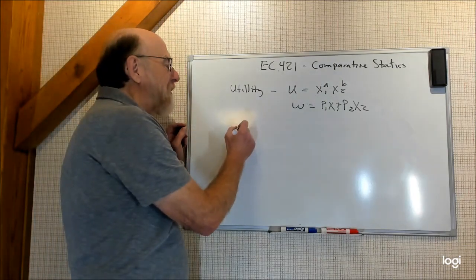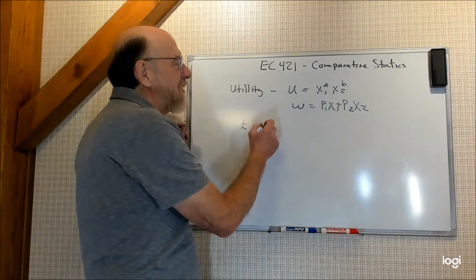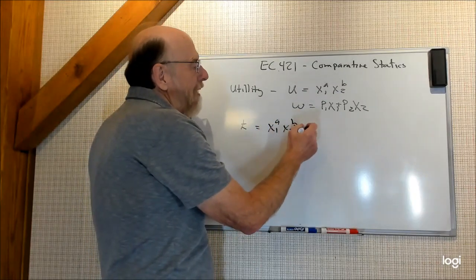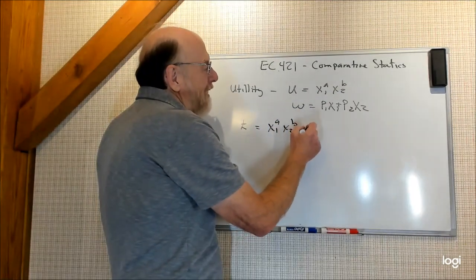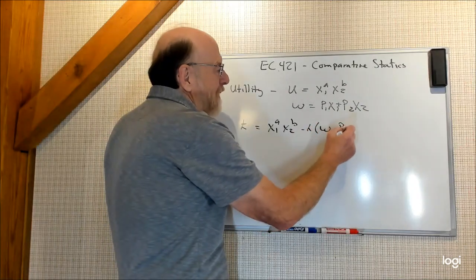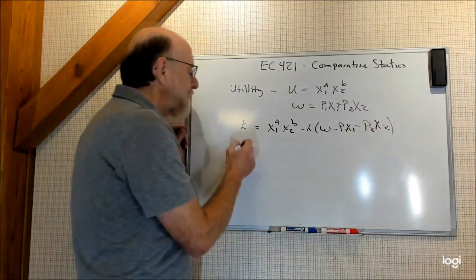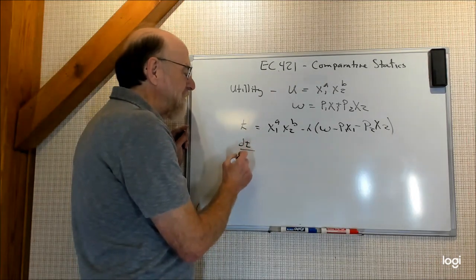So if we form a Lagrangian from this, it will be something like X1^A X2^B minus lambda times (W minus P1 X1 minus P2 X2). We'll get 3 partial derivatives.